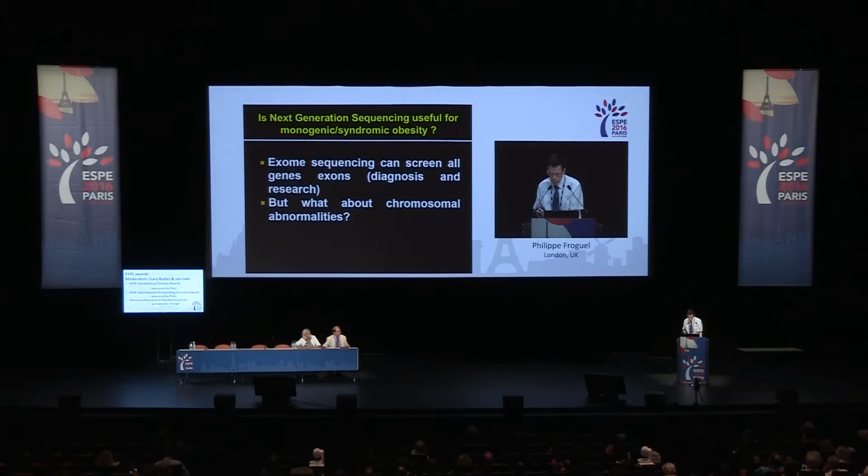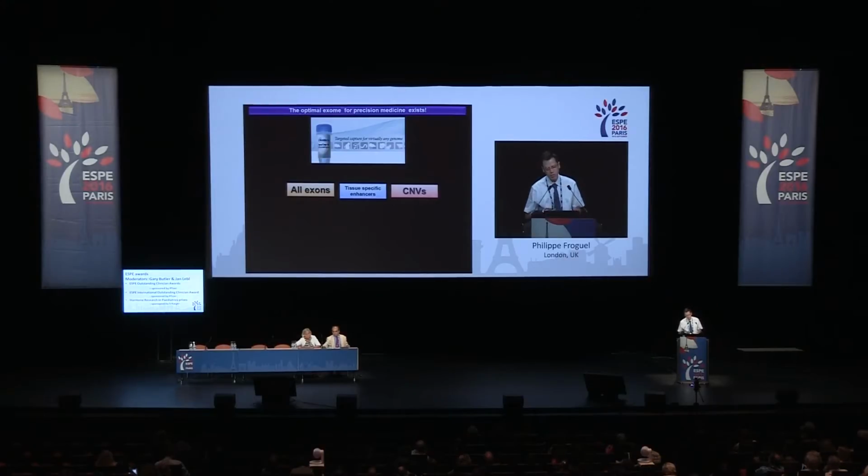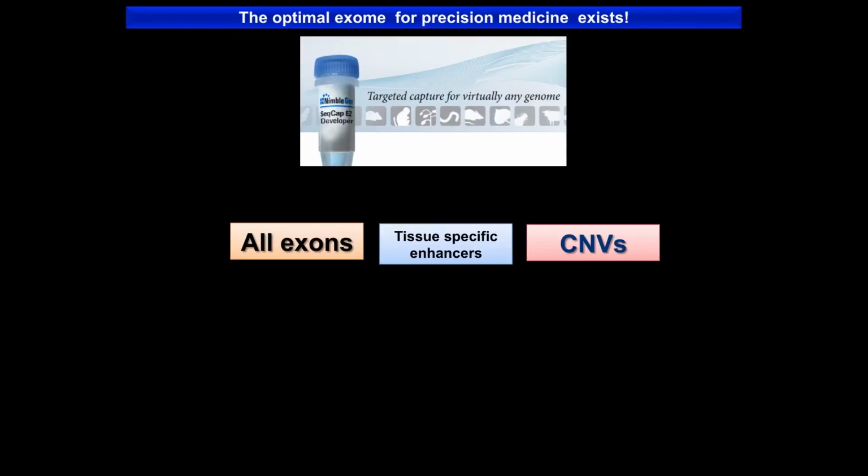So we believe, personally, that what we have to do is to have a unique test. So we developed this test, which is based on a very good capture, named MediWest from Nimblegen. Absolutely no shares in Roche. It works well for 99% of the genes, which is not too bad.